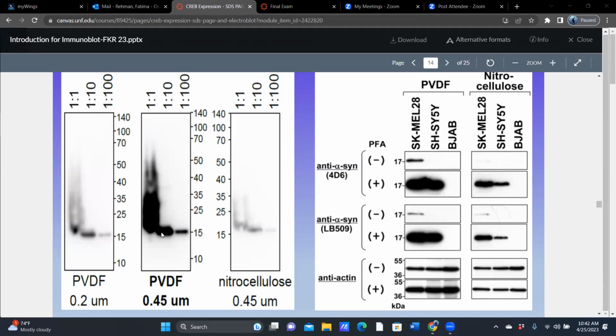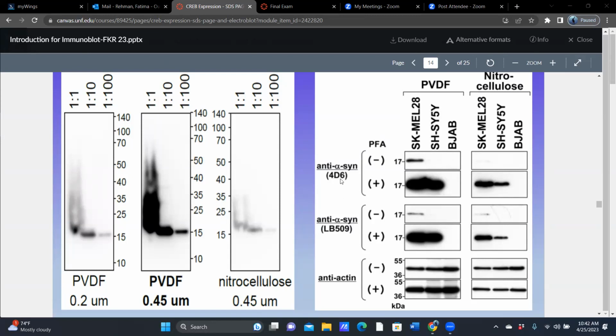So this will tell me that if I have good quality protein extracts, I can use the 0.2 as well, but then I would need to, again, use the 1 to 10 probably to get better signal. But it's better to use PVDF with the 0.45 pore size because that gives the best result and shows the most signal. And then I would probably want to use the 1 to 10 diluted sample to get nice clean signal.